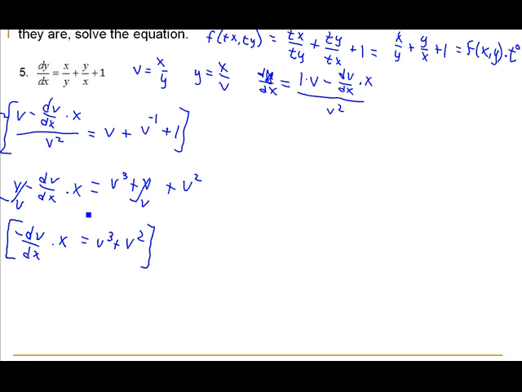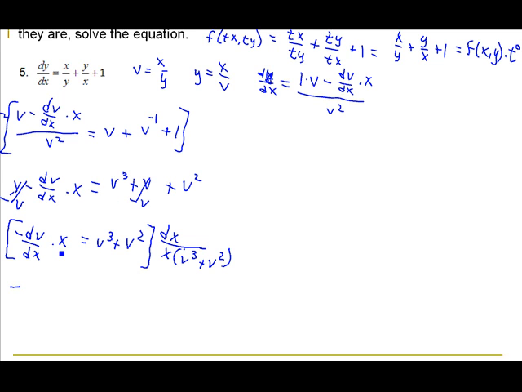And so to separate our variables, I want my x terms over to the right side. I'll have to multiply by dx over x. My v terms will go over to the left side. So I'll divide by v to the third plus v squared. And that'll give me a negative on the left side.